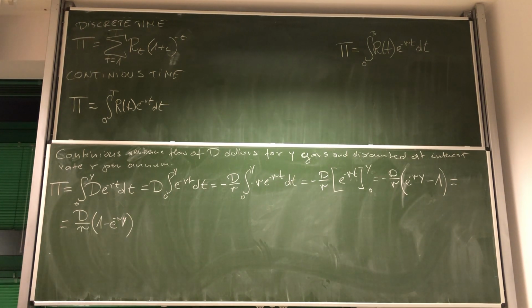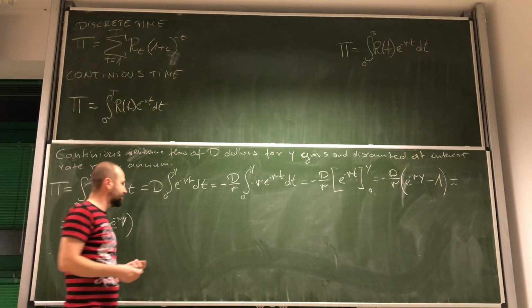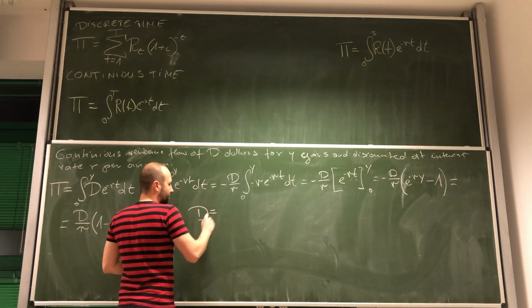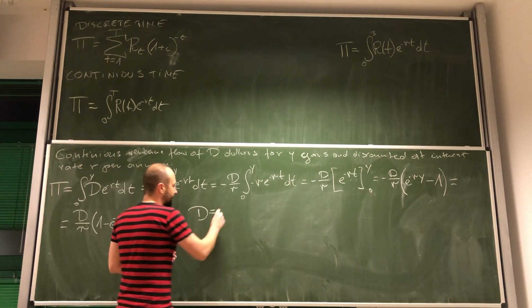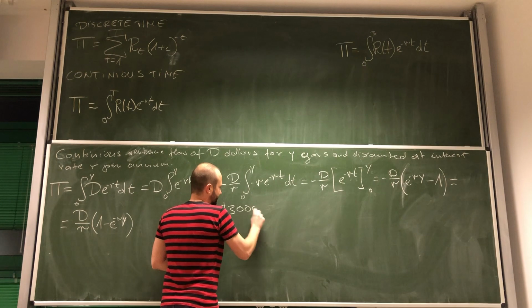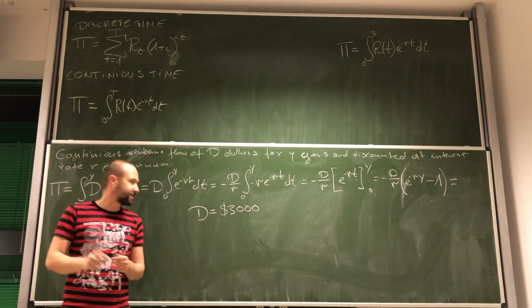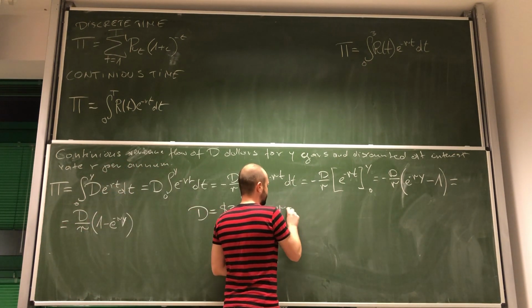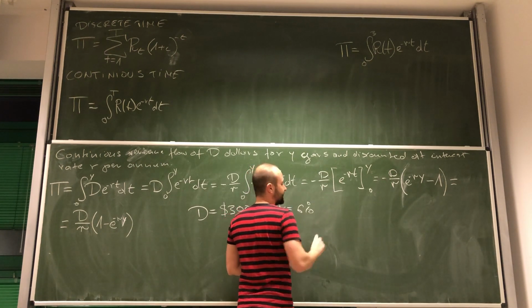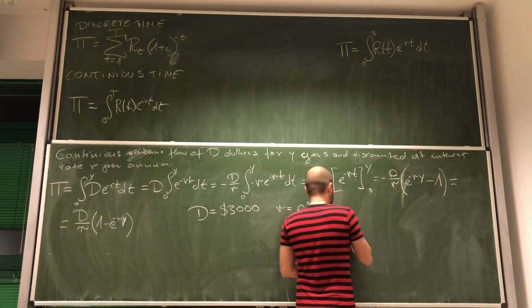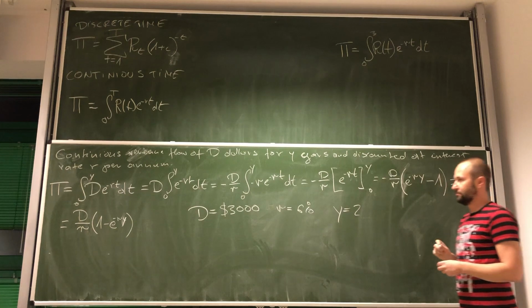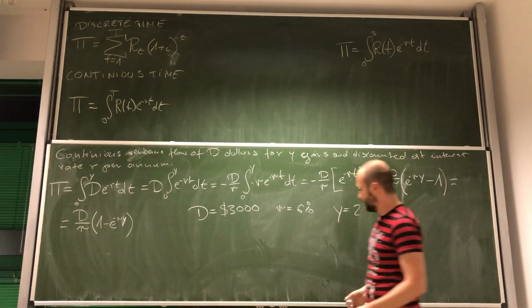Okay, so let's start with an example. Let's just say that our constant flow is $3,000. Then interest rate at a bank is 6%, while time period is 2 years. Okay, so let's calculate it.